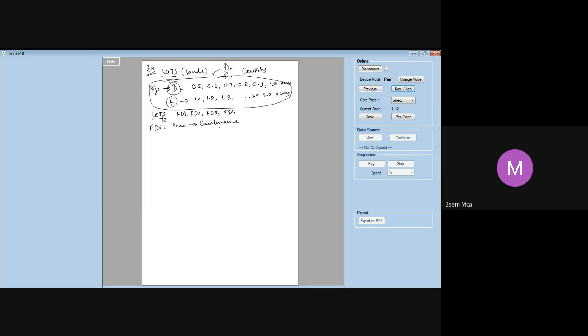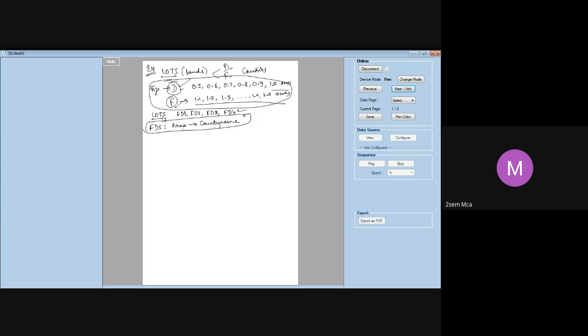That means, given the area, I can find out the name of the country, because anything between 0.5 and 1 means it is going to be the state D. Anything ranging from 1 acre to 2 acres is going to be from the state F. So I can add an additional functional dependency to the existing 4, that area determines country name.